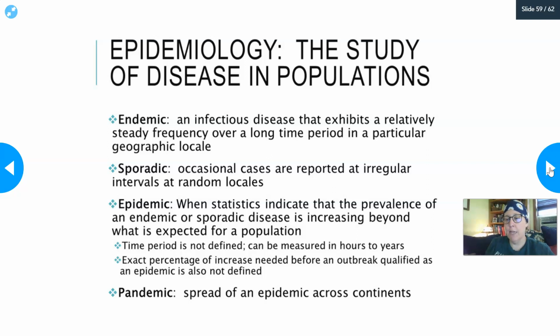So how many cases constitute an epidemic? What kind of increase? We just haven't decided. It's all of a sudden like, oh, looks like more than normal, so now we have an epidemic. And then a pandemic is an epidemic that spreads across continents, and that is what we're dealing with in the coronavirus. When it was located in China, it was an epidemic in China. As soon as it started crossing continents, it became a pandemic.